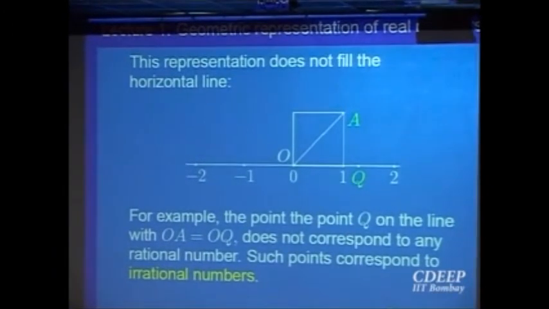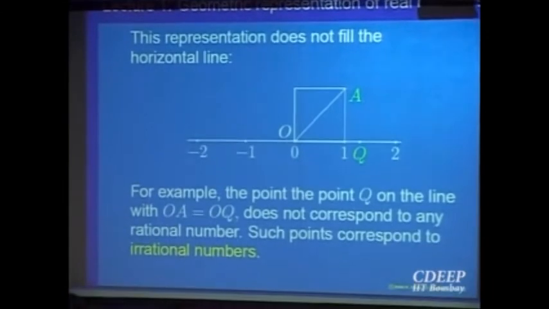The square of the length of OA is equal to 2. That much I know, Pythagoras theorem. So this point Q represents a number whose square is equal to 2, if at all it represents a number. And all of you know there is no number, no fraction whose square is equal to 2. Yes? The equation x square equal to 2 cannot be solved for x to be a rational.